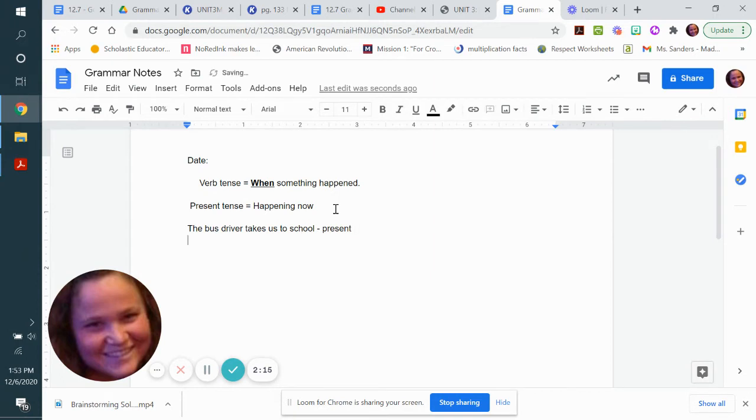The past tense of this sentence would be the bus driver took us to school. Do you guys see how the verb changes? The verb is to take. So takes is right now, took is past. And then if I changed it again to the future, it would be the bus driver will take us to school.